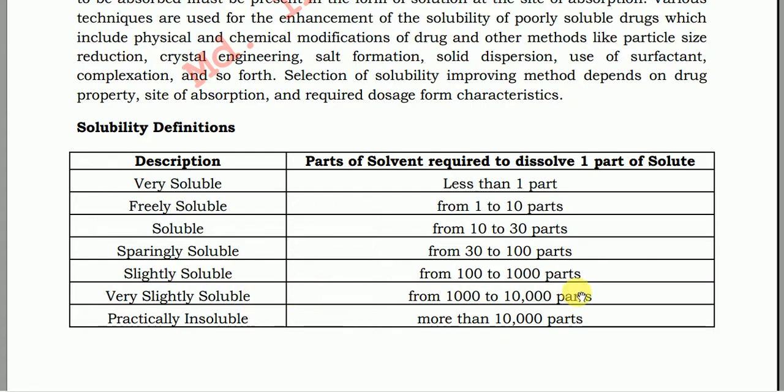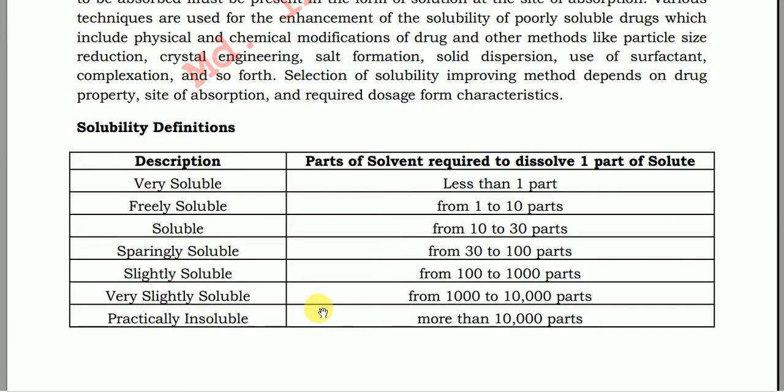Very slightly soluble. When you have to dissolve 1 gram of solute, but you are not able to dissolve it unless you use 1000 to 10,000 gram of solvent, then we will say that this is very slightly soluble.